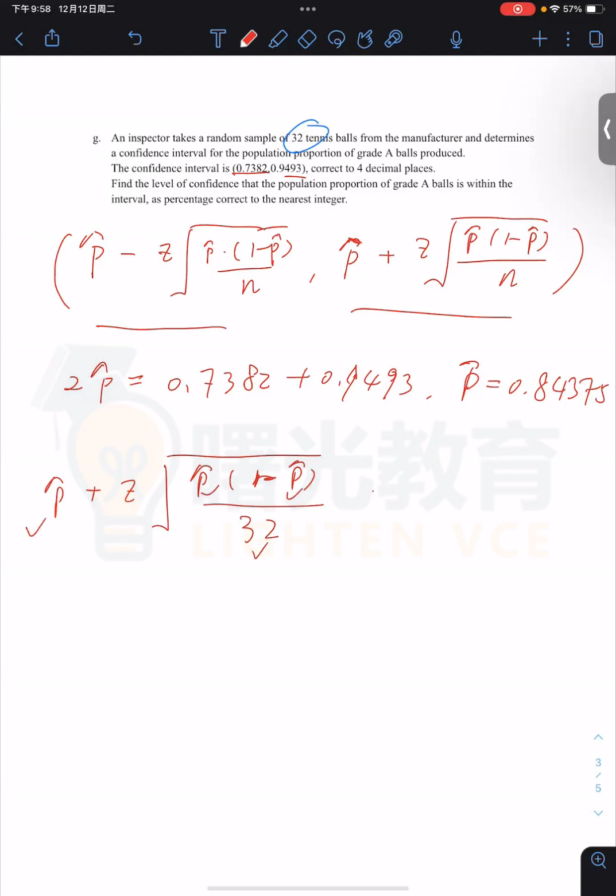Sample number, you know it. And here, we can use either the lower bound or upper bound. Doesn't matter, right? If you try the lower bound, you would have exactly the same thing. And then it should equal 0.9493. Although it looks bizarre, as p hat is known, it is actually a simple and easy linear equation.